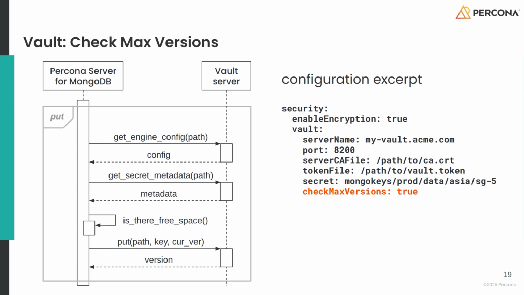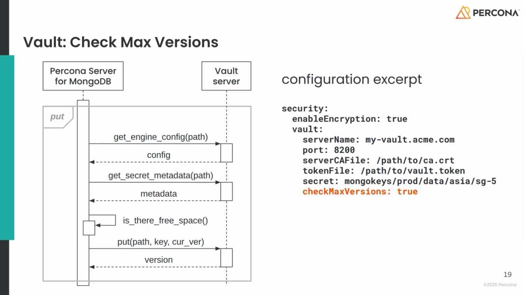If it is so, Percona Server for MongoDB puts a key to the Vault server in compare-and-set mode. That means that it asks the Vault server to check if the current most recent version is still as we got from the secret metadata.